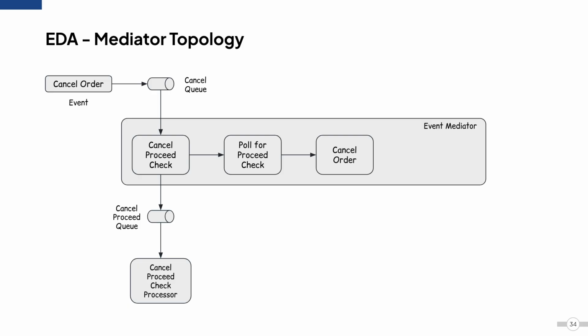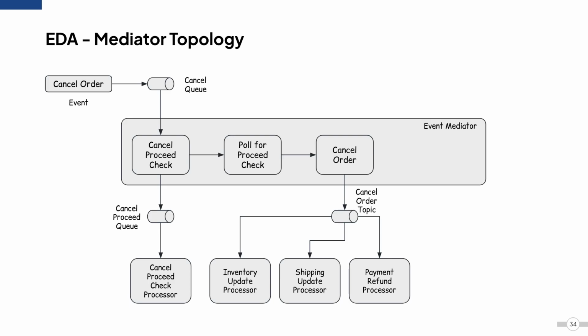So the second step, you need to wait for it, and then let's assume it just got the clearance to proceed, and it will go on to the next step called cancel order. And that cancel order may be publishing that information into a topic which may be of interest to three different subscribers: inventory update processor, shipping update processor, and payment refund processor.